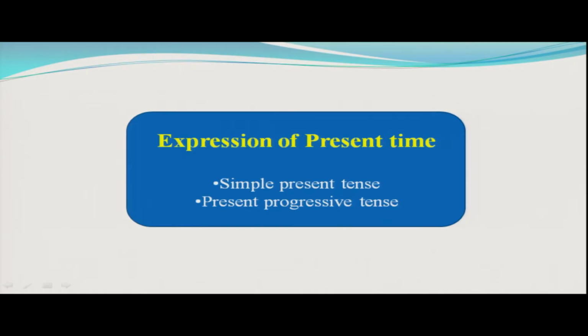Now children, when we express present time, we tell about simple present tense and present progressive tense only. We do not include present perfect or present perfect progressive, although they are in present tense form, but when we talk of present time, we only deal with these two tense forms.